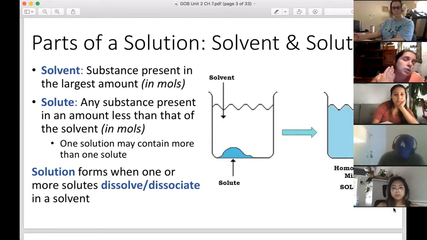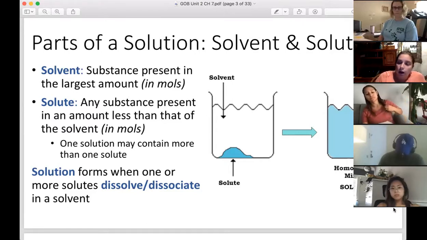The oxygen flows over their gills, and that's how they get oxygen from the water. And this is why it's very, very crucial. We'll find out that the solubility of gases in water is the exact opposite of the solubility of solids in water.